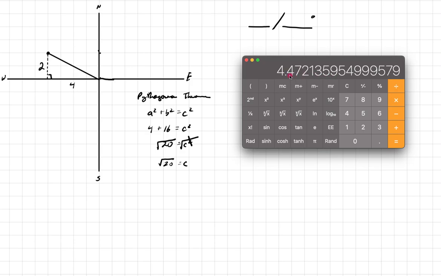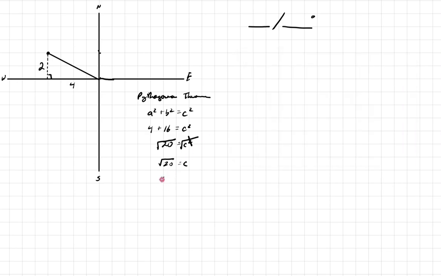So we can round this to 1 decimal place by rounding the 4 up to 5 because of this 7 right here. So this is going to be 4.5, and this was in meters, so this is meters. That is C. So this is 4.5 meters. That is our length. So that length goes here, 4.5.